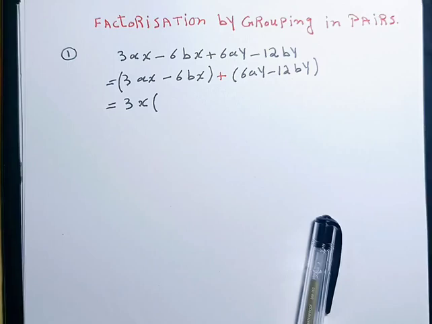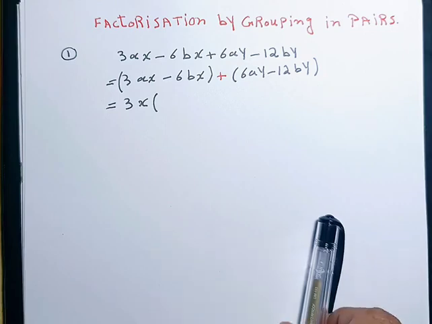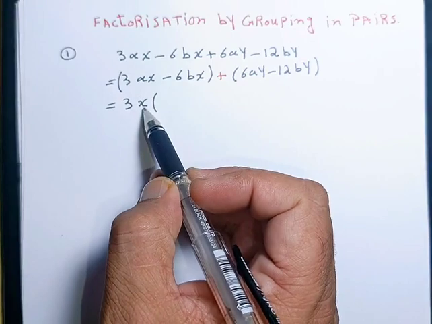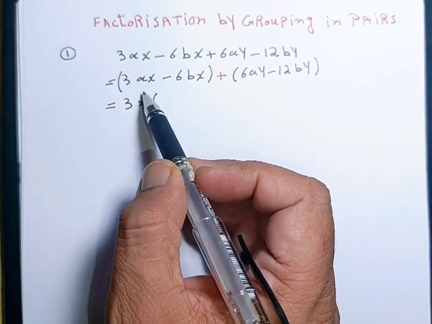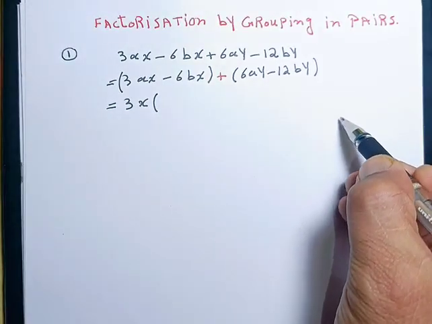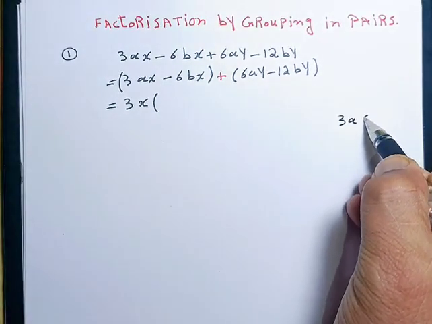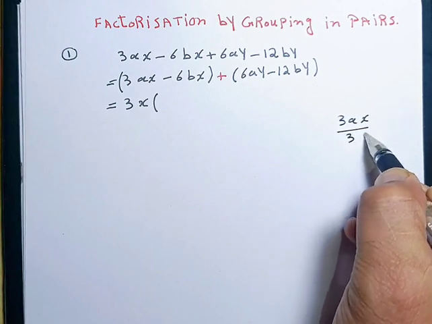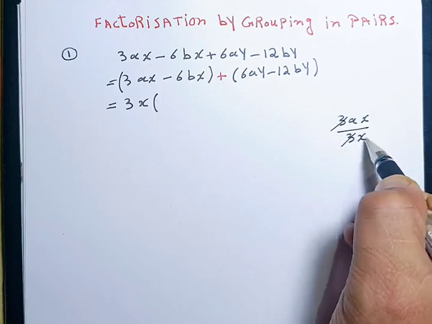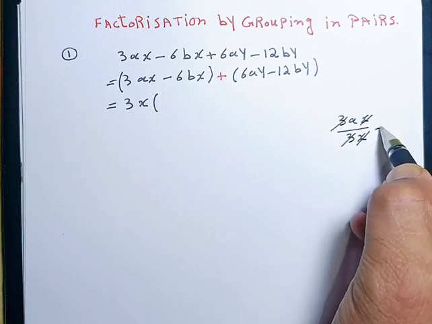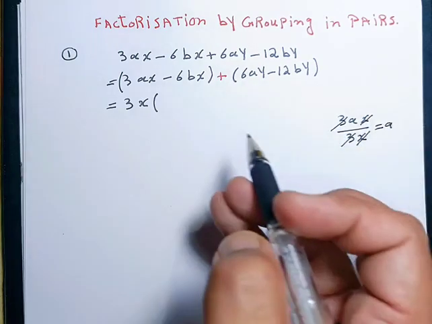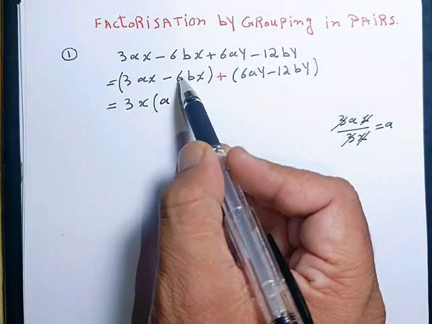Now to find out what remains inside the bracket, divide each of the original terms by the highest common factor, HCF. Have a look. 3ax, so 3x is our common factor. So I'm going to divide 3ax over 3x. 3 and 3 cancel, x and x cancel, only a is left. So the a remains here.